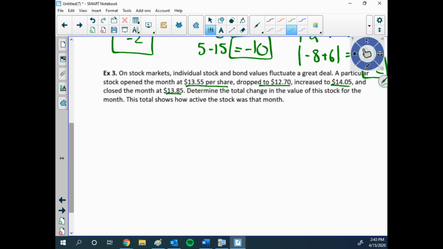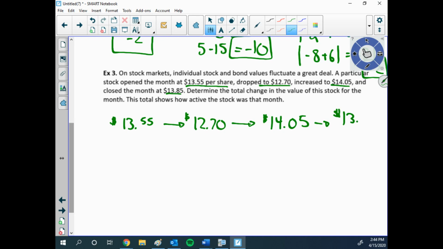So what I would do is first write down how this stock is changing. It starts the month at $13.55, and then it drops to $12.70, and then it increased to $14.05, and it closes the month at $13.85.